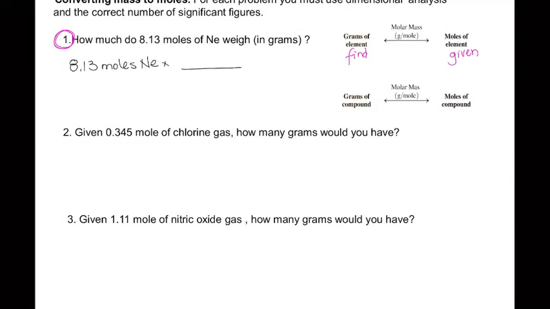And in order to change it to grams of neon, we're going to multiply by the molar mass of neon. In 1 mole of neon, looking at the periodic table, we see that there are 20.18 grams of neon. So the units of moles of neon cancel.